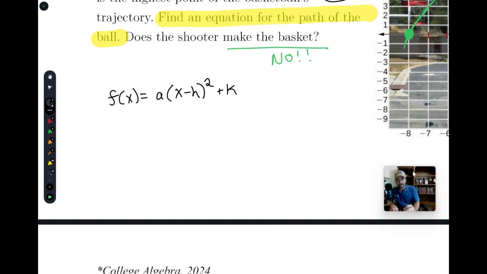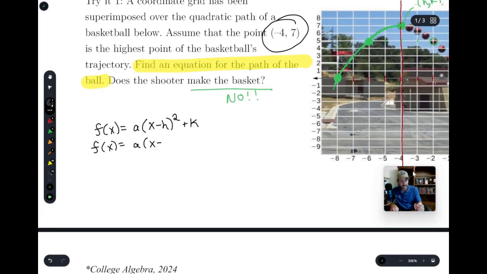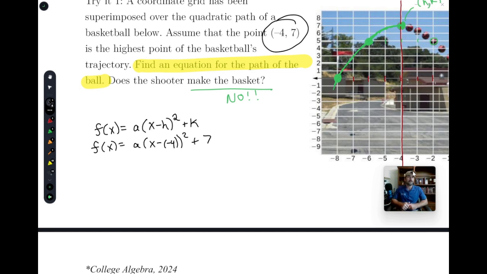And now I'm just going to plug in my vertex and go f of x equals a times x minus, what was the point? It was -4, minus, careful with that negative sign, -4 squared plus 7. That minus a -4 is going to turn into f of x equals a times x plus 4 squared plus 7.